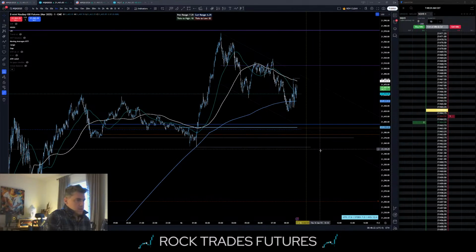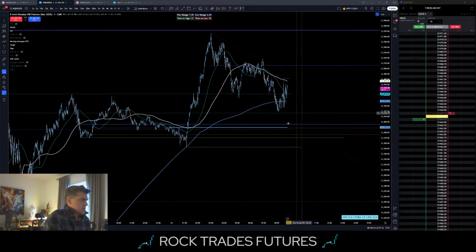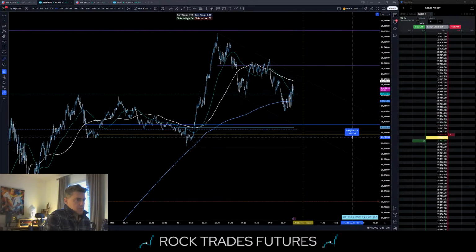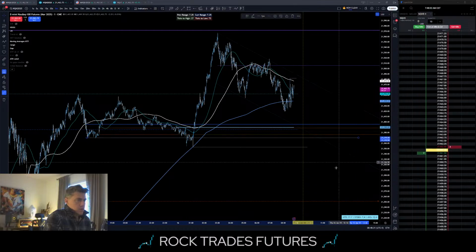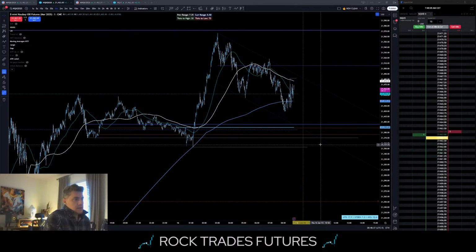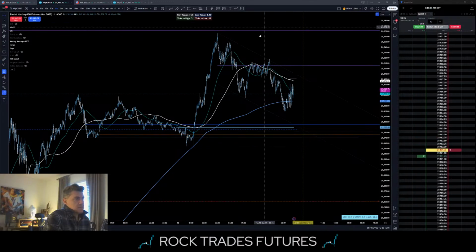This is London's low, but this is the last regular trading hours swing low. So people that just come in, they use regular trading hours, they look at the after hour market data. This is what's going to be relevant to them.